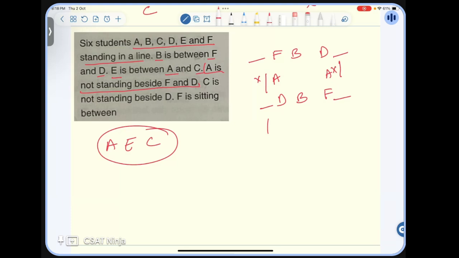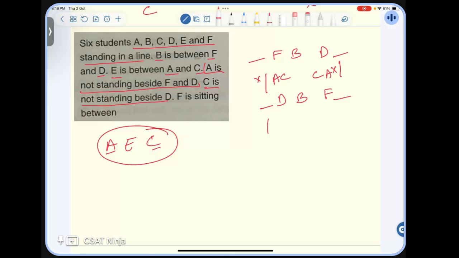Next, C is not standing beside D. That means C is also not next to D. I cannot put C here. So what I'll do is like this. If A cannot be kept next to, what are the terms here? We have C here, we have A here.